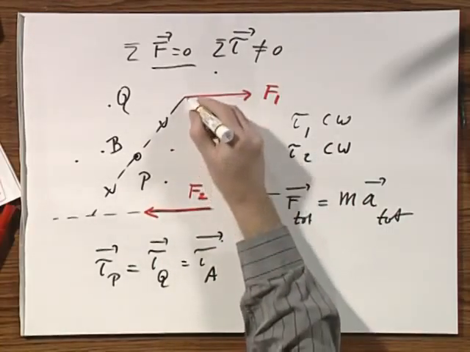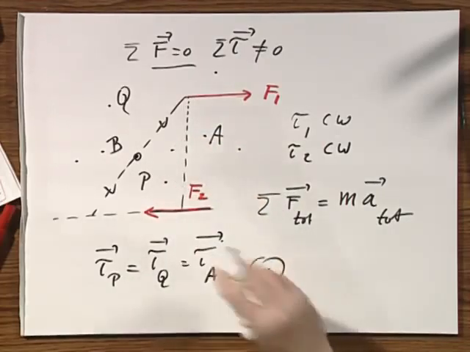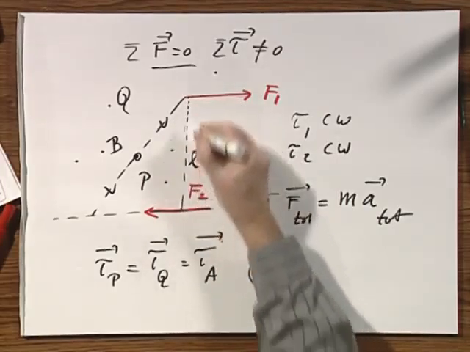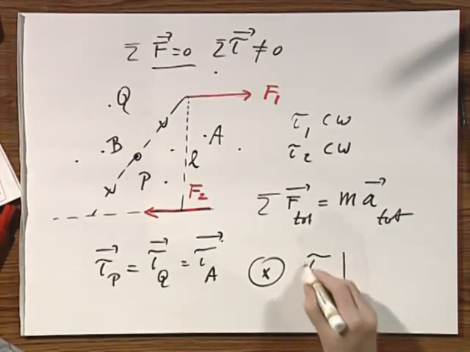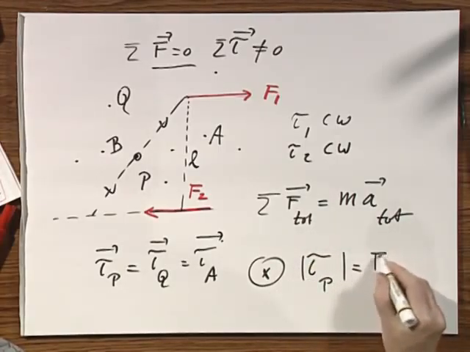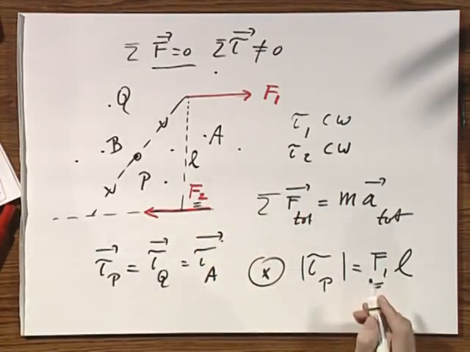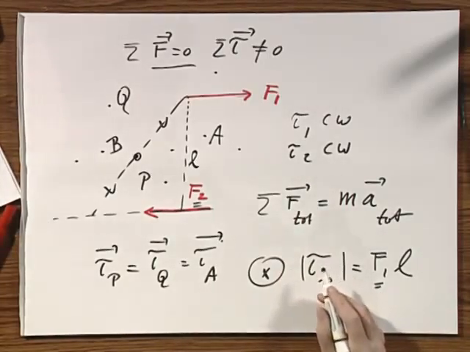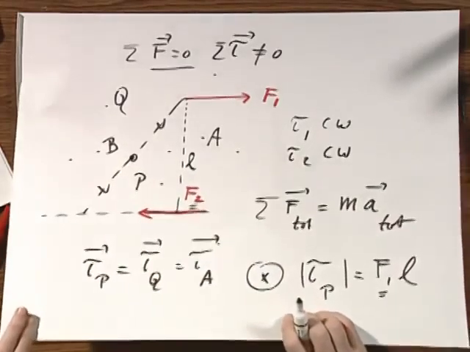And the magnitude of that torque, of course the torque is into the paper, it's a clockwise rotation. If I call this separation between the two L, then the magnitude of that torque, no matter which one you take, would be F1 times L, but F1 of course also in magnitude is the same as F2. But that's a very special case. Torques are key in rotation, and we will see several examples of that today.